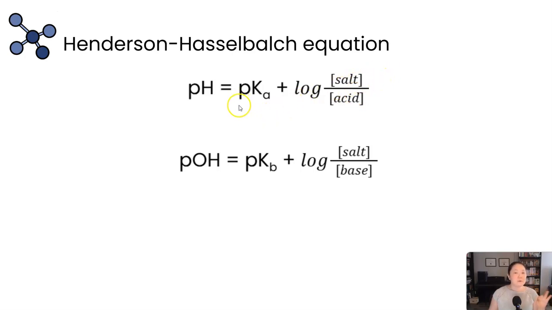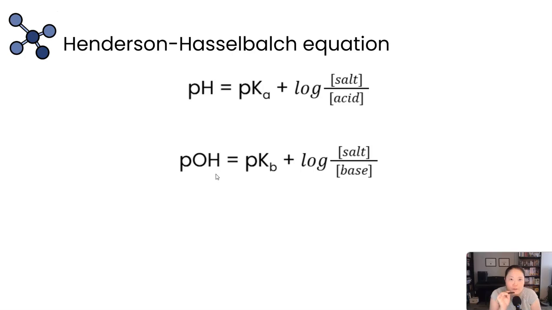So if you're deciding on what to make your buffer solution out of, you are probably going to want to find some acid that has a pKa that is pretty much the same as the pH you want that buffer solution to be. Or on the other hand, if you need anything basic, same thing except with a base. You choose a base that has a pKb that is pretty much the pOH that you want it to be.